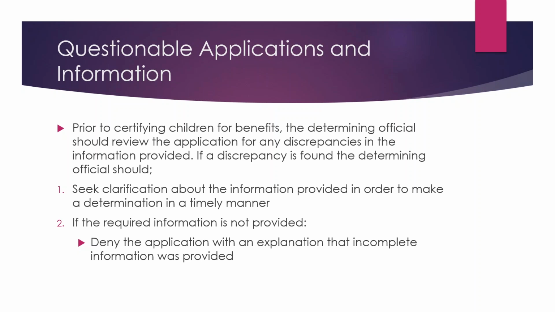If a discrepancy is found, the determining official should first seek clarification about the information provided in order to make a determination in a timely manner. And 2, if the required information is not provided, then you must deny the application with an explanation that it's incomplete and what information you would need to proceed.